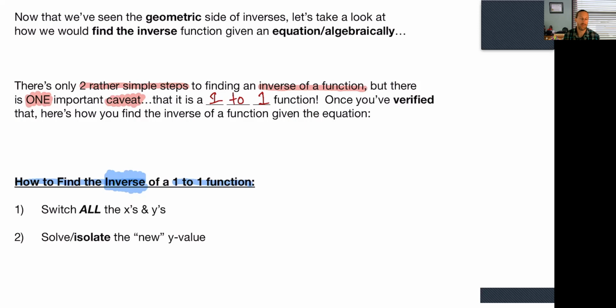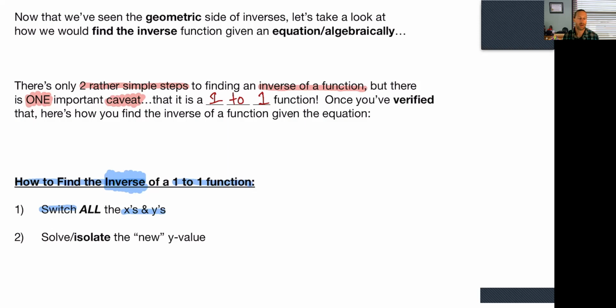you're going to switch, reverse all the x's and y's. Anywhere you see an x, you're going to replace it with a y. Anywhere you saw a y, sometimes they write it as f of x or g of x, you're going to replace that with the x.